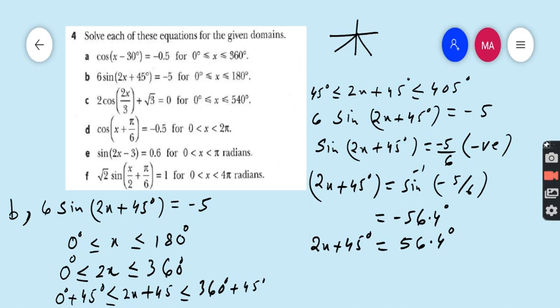Okay, but students, our required angles are lying in third and in fourth quadrant.